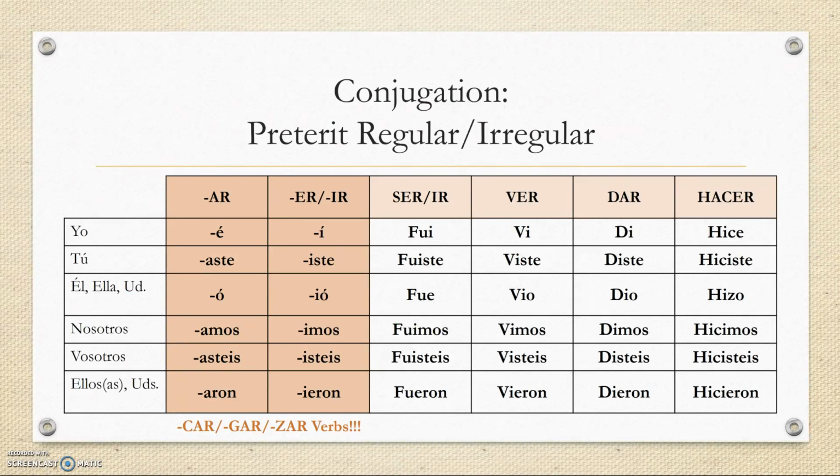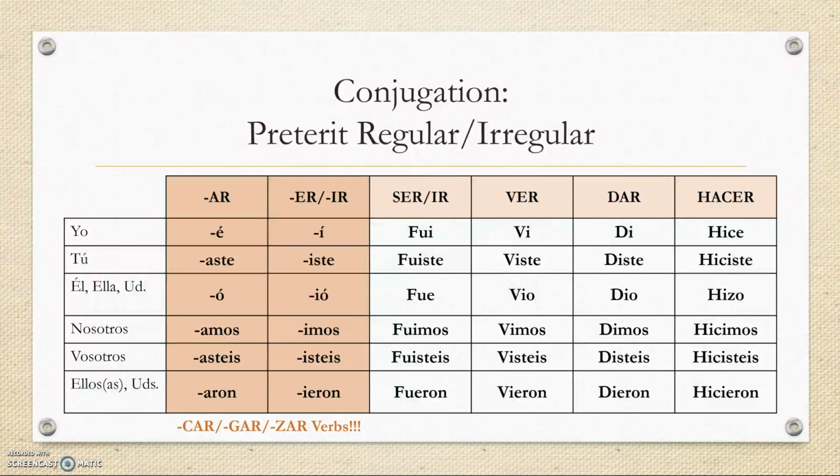Okay, so let's look at the regular and irregular conjugations. We've already learned how to conjugate normal AR, ER, and IR verbs. We also know that there are special yo forms when we encounter a verb that ends in car, gar, or zar, and that's to maintain the sound with the spelling.